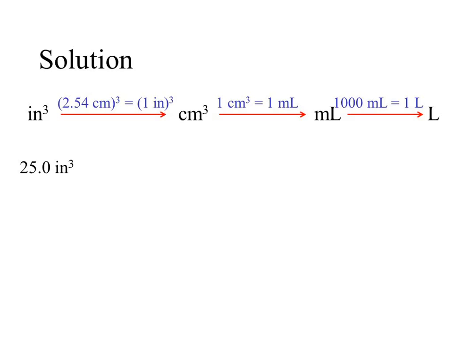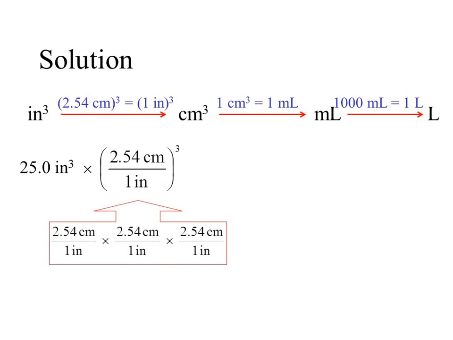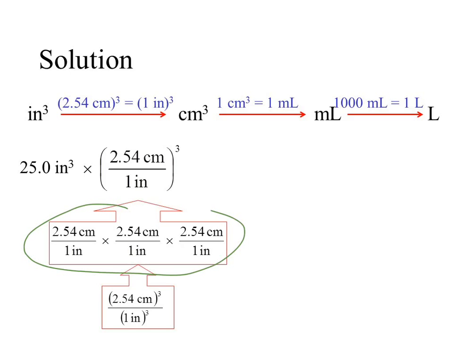And then what? 2.54 centimeters over 1 times 2.54 centimeters over 1, and the third one goes in the middle right here. Then all 3 of my inches cancel and I'm left with centimeters cubed.